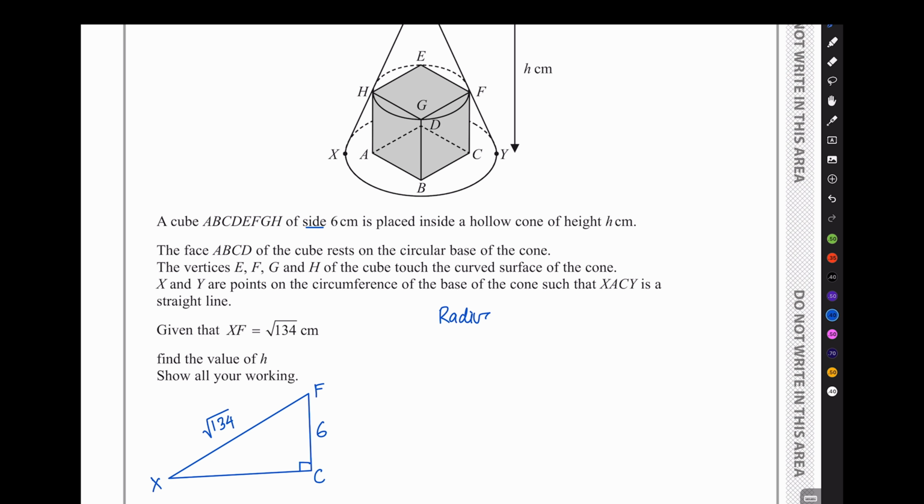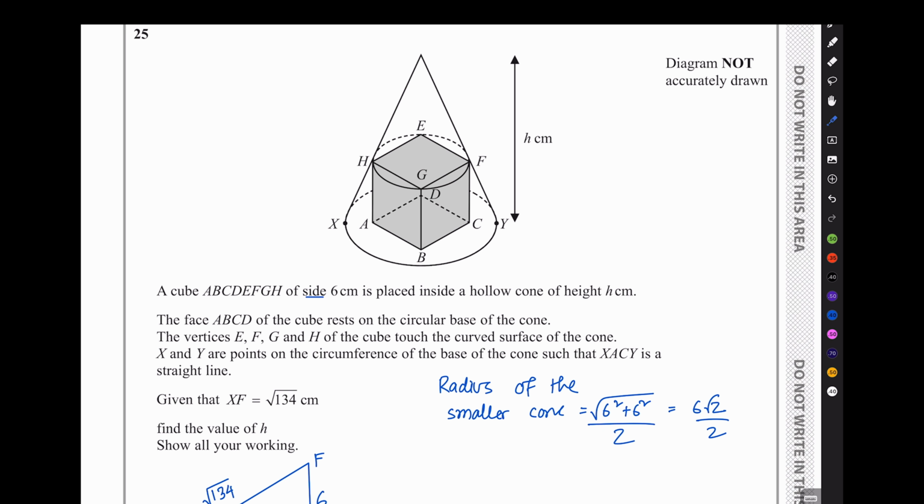Radius of the smaller cone equals the square root of 6 squared plus 6 squared, which is 6 root 2. Sorry, this should be divided by 2, right? Because the entire length is this, and the radius is basically half of this length. So this is the radius, so divide by 2. So it comes out to be 3 root 2.